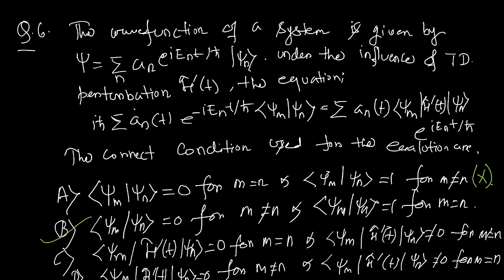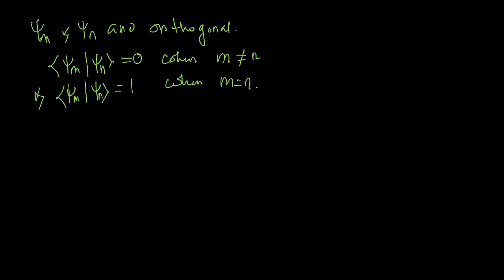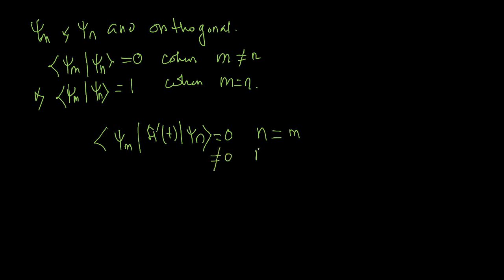And now the third one. As we mentioned previously, if the time dependent perturbation leads to the same state, then this value will be 0, and this value will be not equal to 0 if it goes to another state.